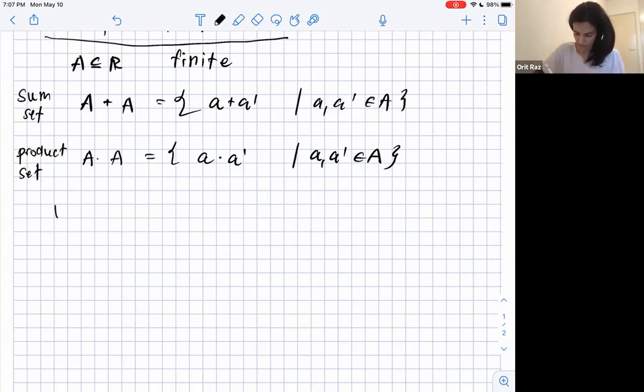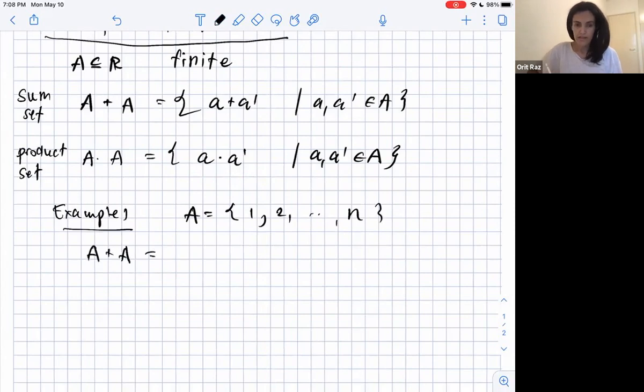So for example, if we take A to be the first n integers, then of course A plus A, so all the values i plus j, where i and j are between 1 and n, very easy to see that these are the numbers between 2 and 2n.